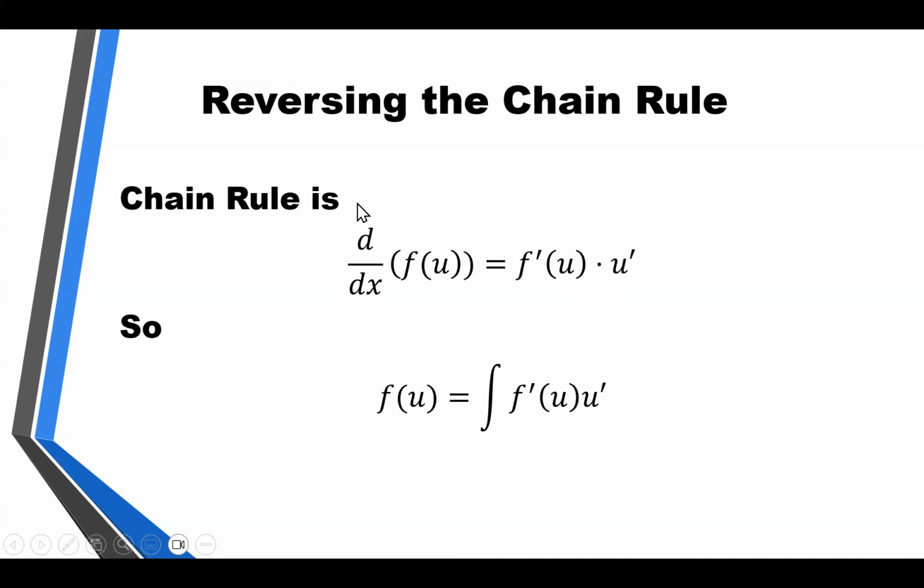And then what if I were to integrate both sides? If I integrate the right-hand side, I just get f prime of u times u prime. And if I integrate the left-hand side, I just get f of u. Now, there'll be a plus c at the very end, so I can ignore any plus c's going around because I can tack one on at the end.